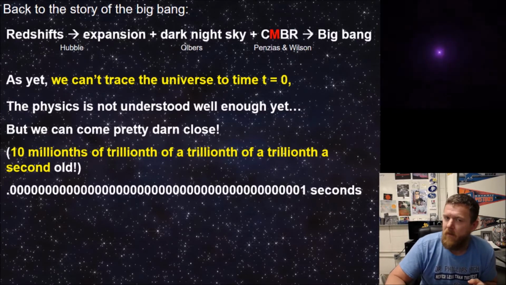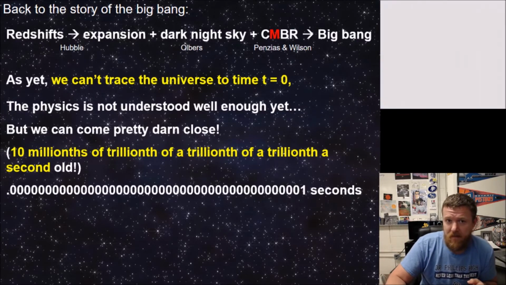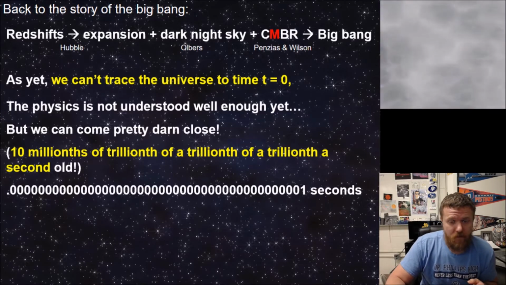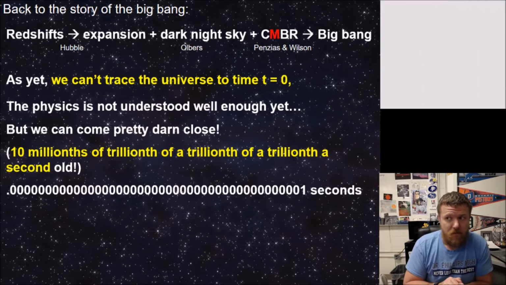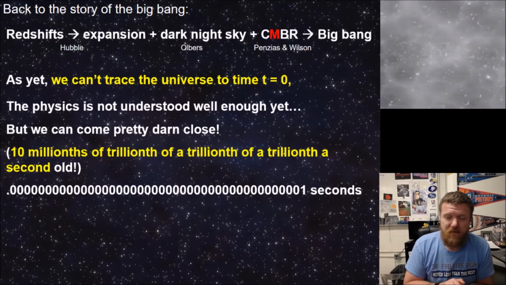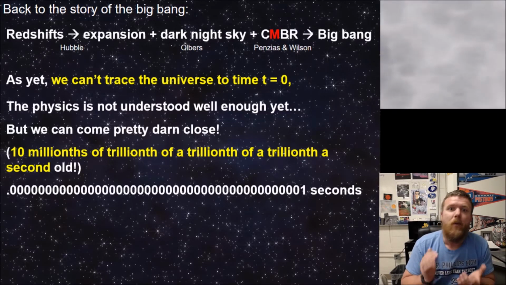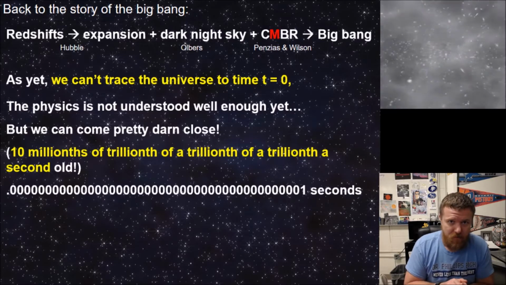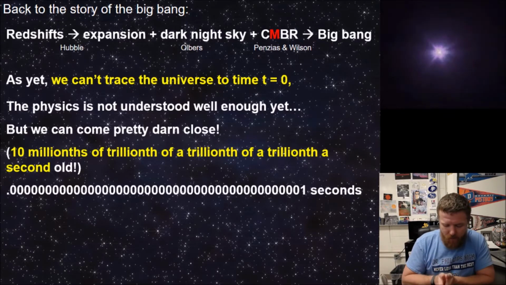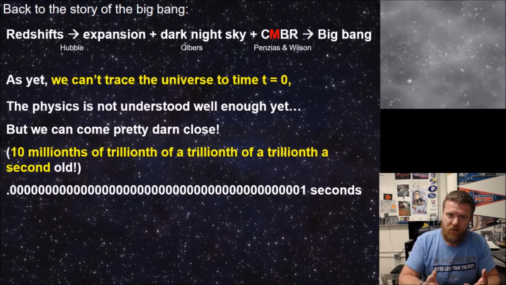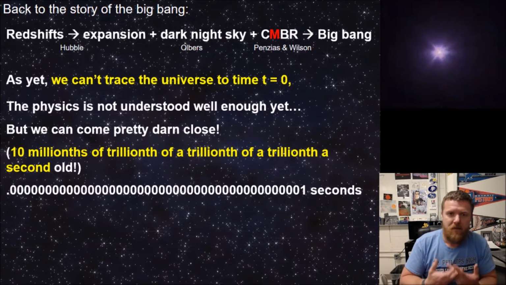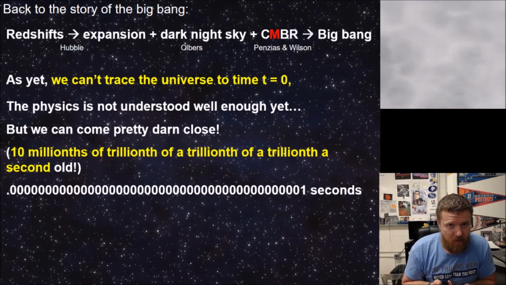Interestingly enough, the four fundamental forces, gravity, electromagnetism, the strong and weak nuclear forces, start to merge together into a single unified force. We don't have the physics to describe that yet, but we know that it happens at certain temperatures. So we can go backwards in time, and the farther back we go, the hotter the temperature gets. The hotter the temperature gets, the more physics starts to break down.